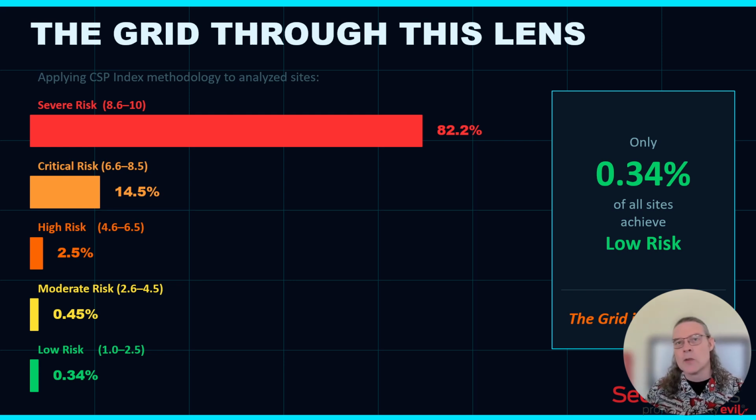So that's 82.2% over 8.5, and then also, actually you could look at everything above 6.5 and say that's almost everybody. So it's somewhere around 3% that actually fall below a 5 on this scale.